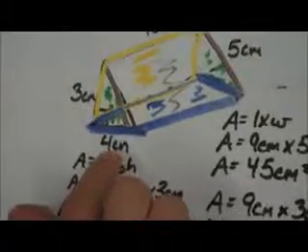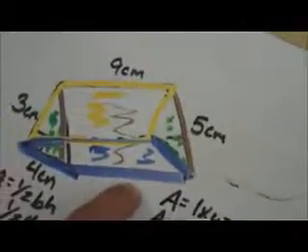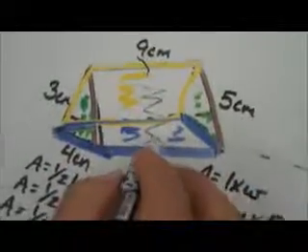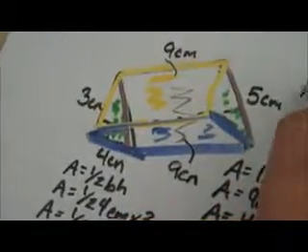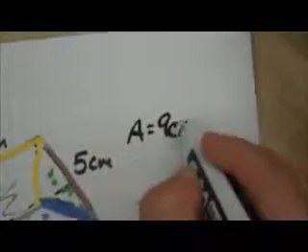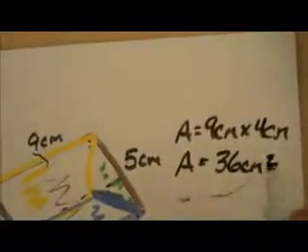I see that I've got a width, Miss Pickens, of 4 centimeters, but I don't see my length. If you look up top, you see that parallel line segment? There. 9. 9, so it would be parallel to here. There we go. Good job. Thank you. So my area would be 9 centimeters times 4 centimeters, which is 36 centimeters squared.